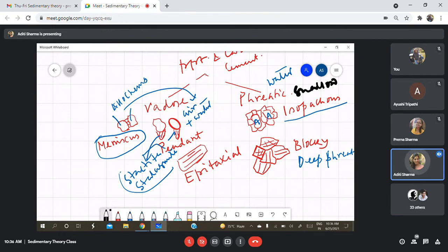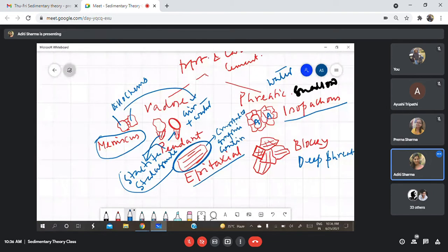Now I have already discussed that epitaxial means the fabric remains the same, and the cement that is growing is in crystallographic continuity of the original grain.